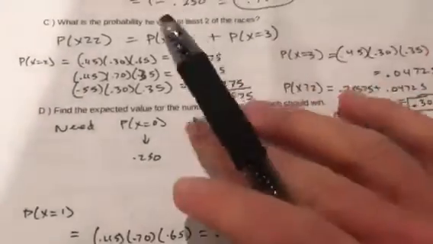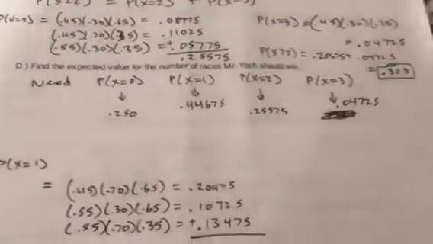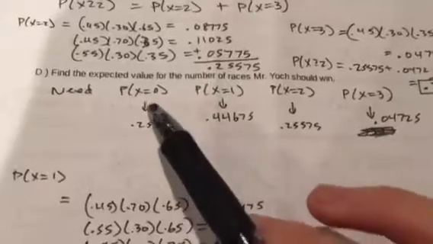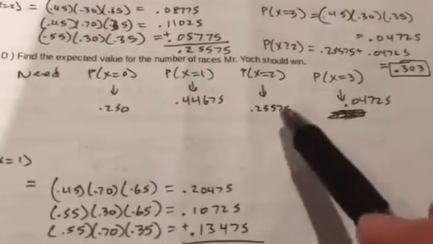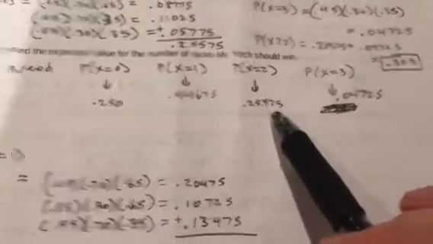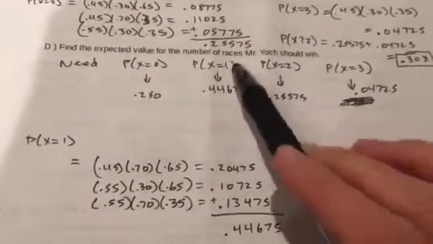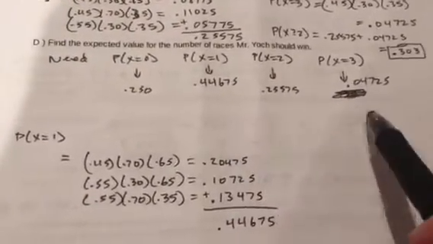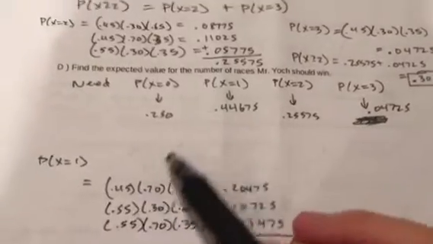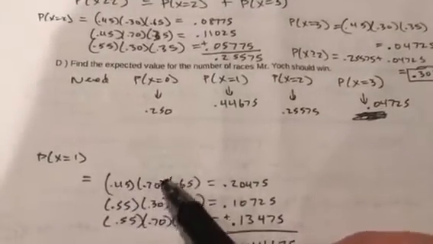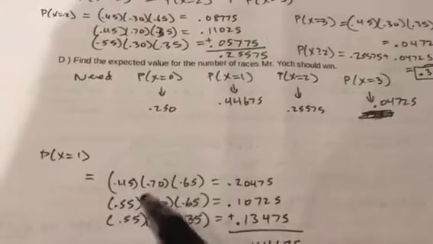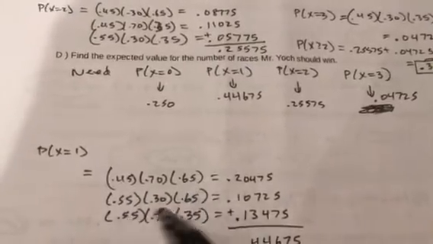Find the expected value for the number of wins that I should have. So I need to know the probability of me winning 0, which I know, the probability of me winning 2, and the probability of me winning exactly 3. I just need that probability. I need to know them all individually. So the probability that I win 1 is I could win, lose, lose. I could lose, win, lose, or I could lose, lose, win.